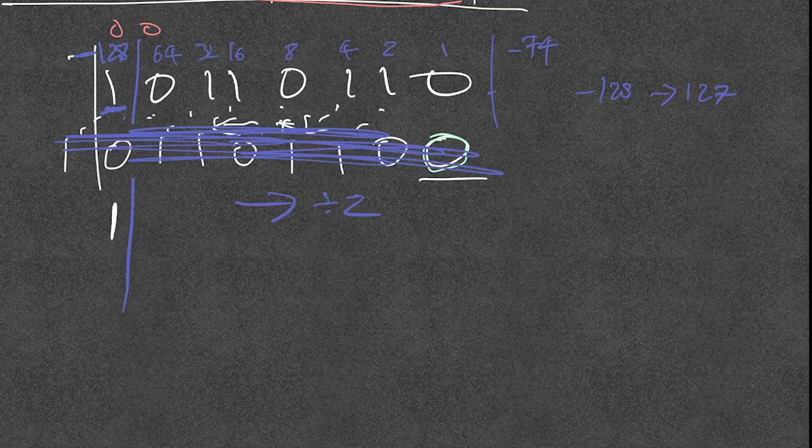And we know that minus 74 divided by 2 is going to be minus 37, right? We know that. We've got to make sure that whatever we end up with is minus 37. So we preserve that 1. We preserve the MSB, the most significant bit.